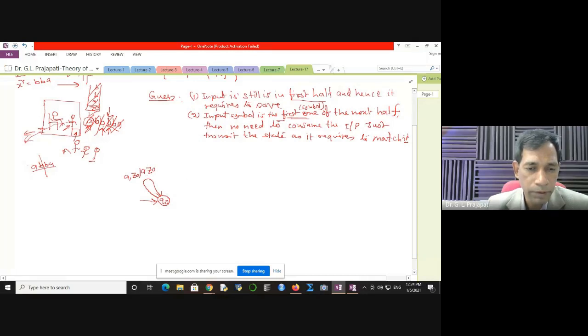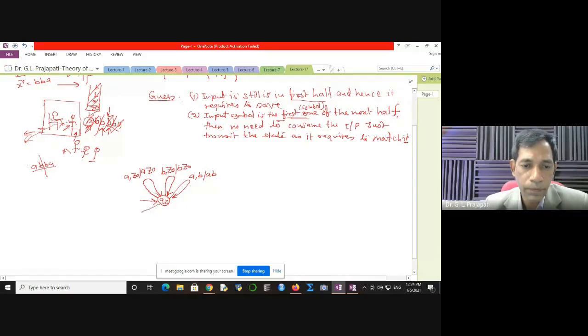Next possibility, your input can be B and the top of the stack is Z0, and you need to save it, BZ0. Next, your input can be A and the top is B. Since this input is still in the first half, you need to save it, so A will be on the top of the stack.